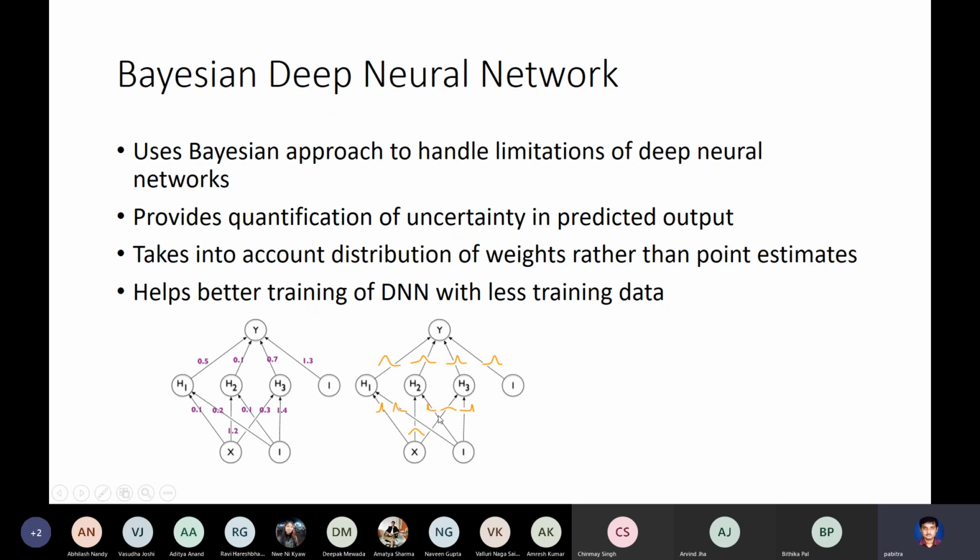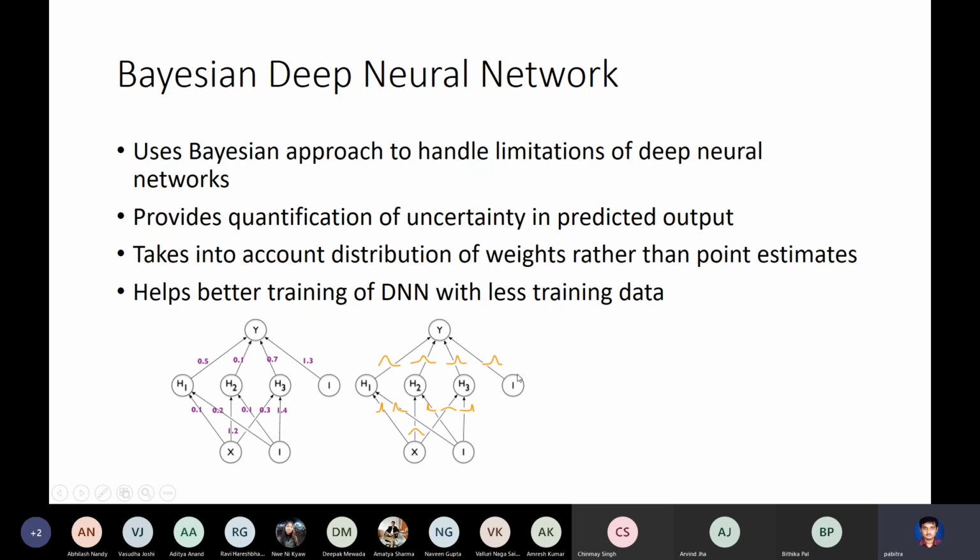Whereas in the right, you see the weights are actually distributions. So maybe the leftmost weight between the hidden and the output layer is 0.5, but here it is a peak at 0.5, with maybe some probabilities in other values.